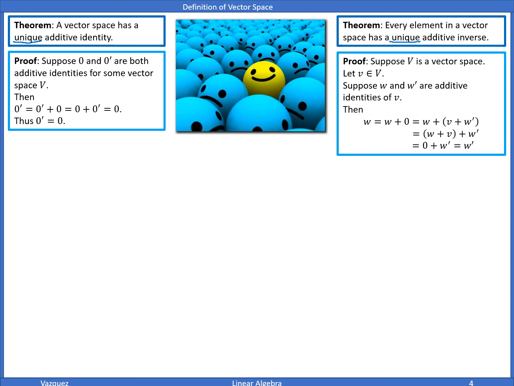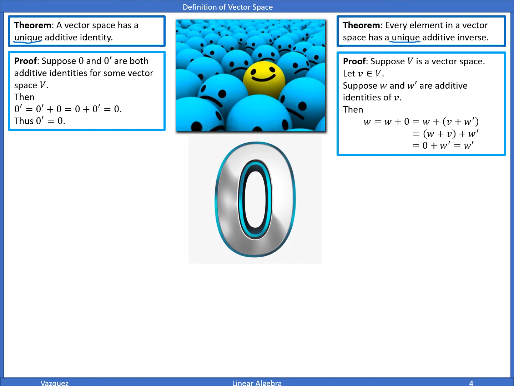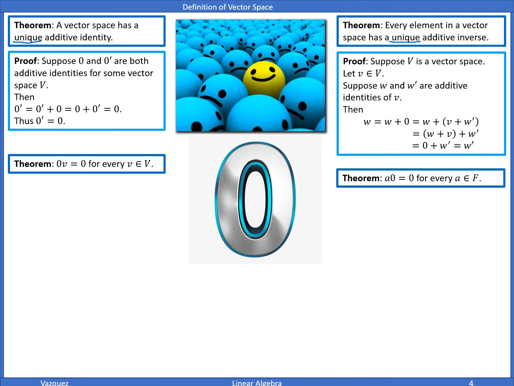Okay, what follows is I'm going to show a picture again, but now it's a 0. So what do you think that has to do with? Well, with multiplication by 0. So again, the two theorems.